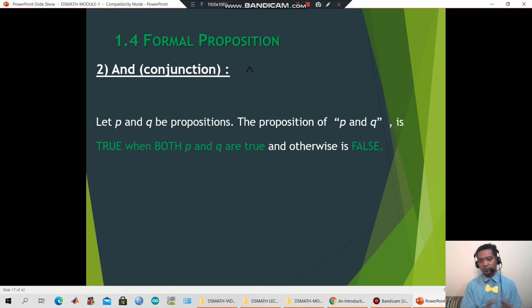Wala nang ibang sagot. Kailangan ko lang maging pareho, sila ay true. Ang P ko, ang Q ko, true and true respectively, then it's true. Otherwise, magkaiba ako ng kombinasyon ng P and Q ko, wala nang ibang sagot. Kung di false na. So, madali lang po siyang tandaan. Tsaka tandaan po natin yung AND. Pinaka-hint natin, 1 and 1 gives you 1 or true value, otherwise false.